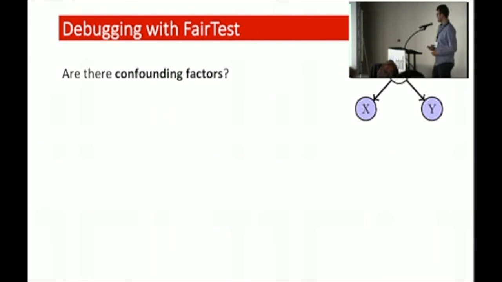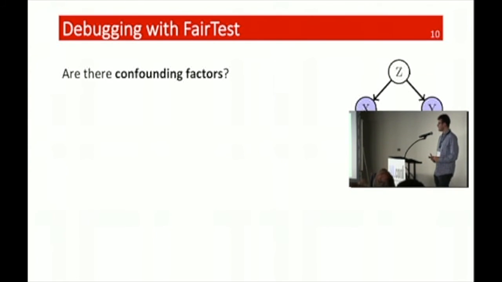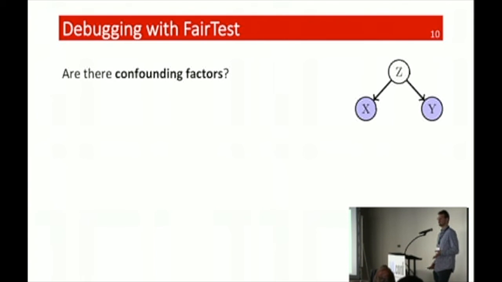A prominent example of this that most people will probably have heard of is the Berkeley graduate admissions data set that was collected, I think, in the 60s or 70s, where they found that there was a strong gender bias in admission rates over the campus. But then when you looked at individual departments, this association actually completely disappeared.